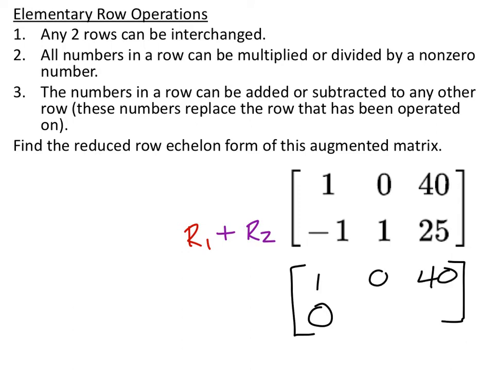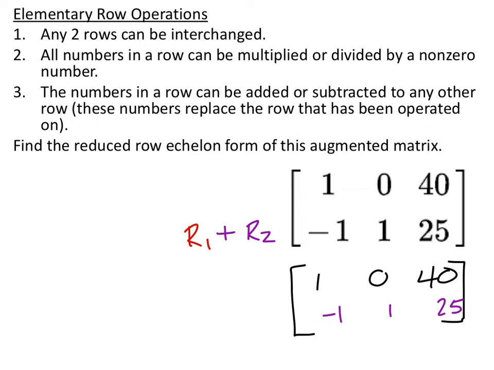Well, as it turns out, to get that negative 1 to be a 0, I would just take the 1 and add it to the negative 1 from row 1. I'm going to take the 1 in the x column from row 1 and add it to the x column in row 2 so that the negative 1 will cancel away. All right, so let me just show the operations on this. So this was row 2 as it was.